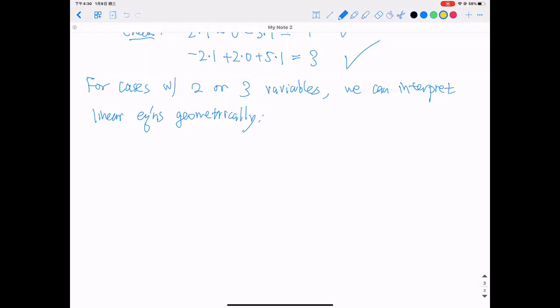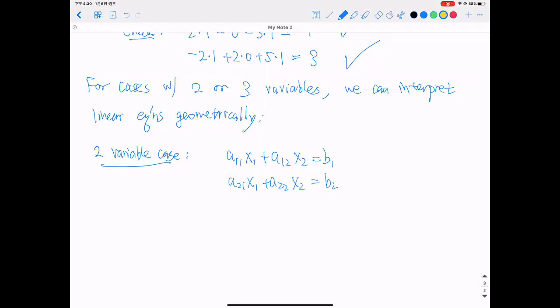Now, let's say the 2 variable case. In the 2 variable case, let's say I have a11x1 plus a12x2 equals b1, and a21x1 plus a22x2 equals b2.